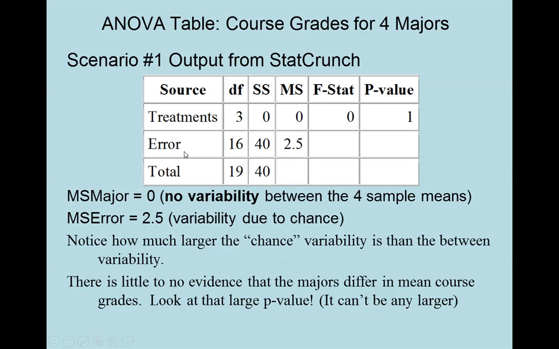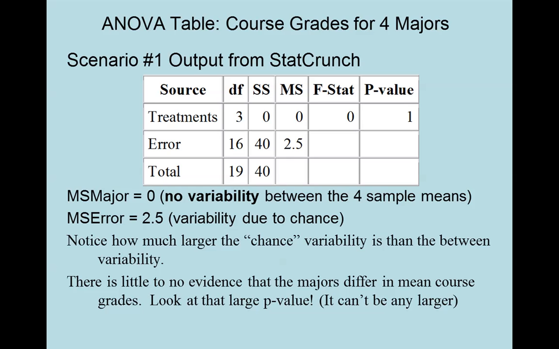Now on the error line, so this is your random component, this just measures how much variability there is within each group. So how much is 81 versus 83, 82 versus 83, 83 versus 83, 84 versus 83, and 85 versus 83. You take all those differences, square them, add them up. You do that for all the 4 groups, all the 4 majors in this case, and your total variability is that 40.